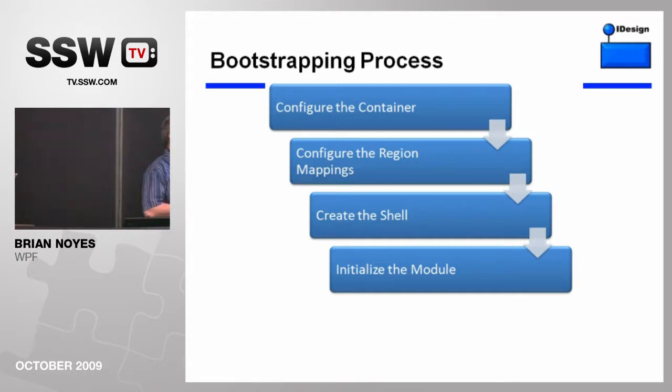MEF's primary purpose, first and foremost, is to plug in extensible parts to an application, including Visual Studio as an application. Under the covers, how does it do that? It's basically got a DI container. It's not a general purpose DI container. That's not its first and foremost job. Could you use it as one? Yeah, as long as you dig under the covers and see what their APIs are.